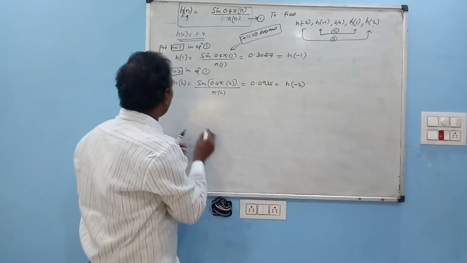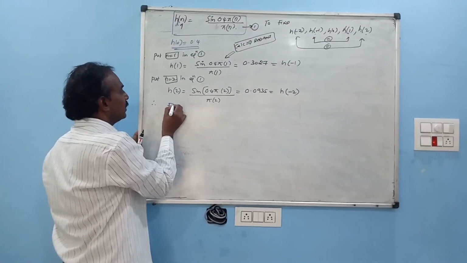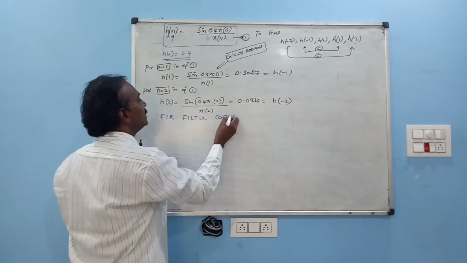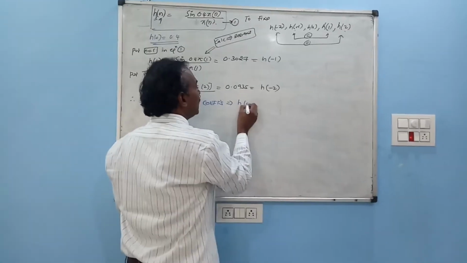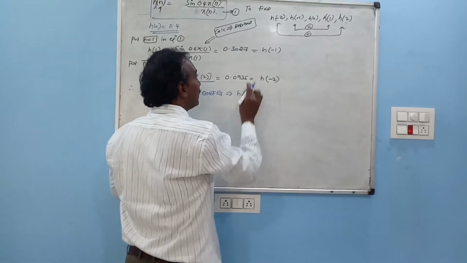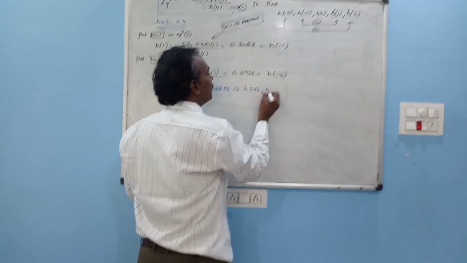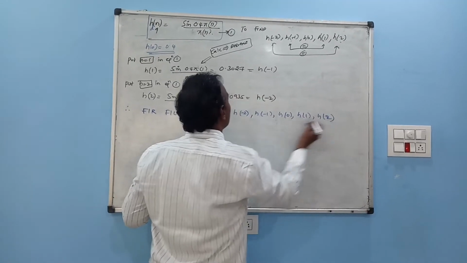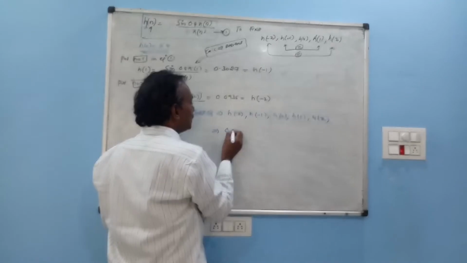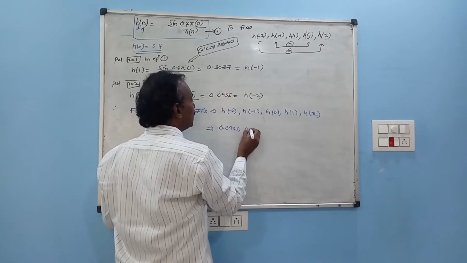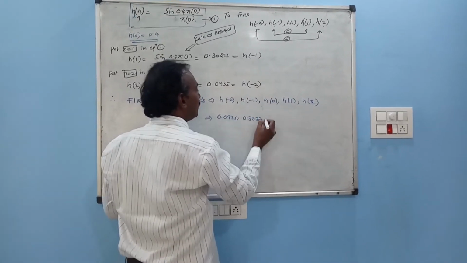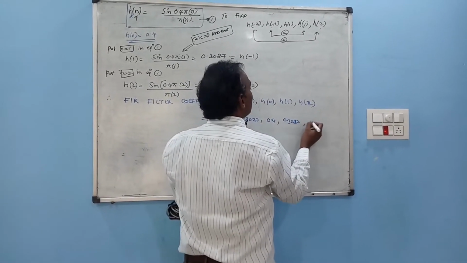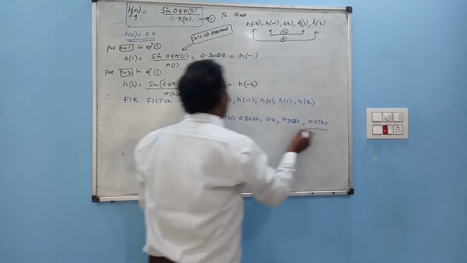So the FIR filter coefficients are h of minus 2, h of minus 1, h of 0, h of 1, h of 2. H of minus 2 is 0.0935, h of minus 1 is 0.3027, this is 0.4, this is again 0.3027 and 0.0935.